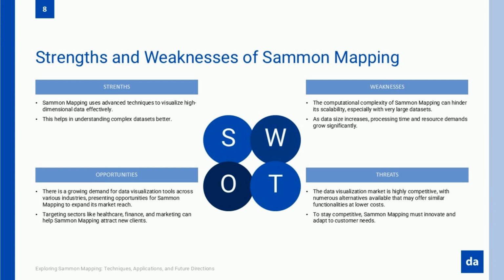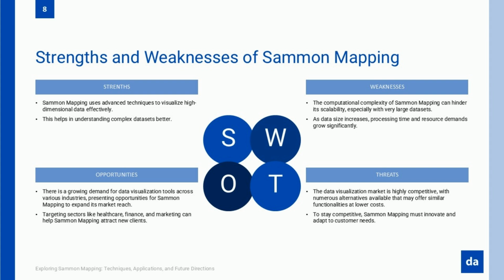Unlike PCA, which can distort the shape of data when reducing dimensions, Sammon mapping ensures that proximity between points remains accurate. Another advantage is that it's nonlinear, meaning it can handle curved manifolds and datasets with complex relationships. This makes it especially useful for applications like image processing, medical imaging, and genomic data analysis, where linear techniques like PCA might fail to capture important structural information.